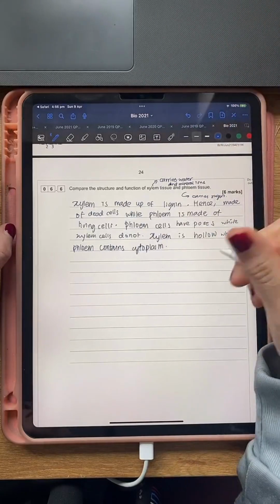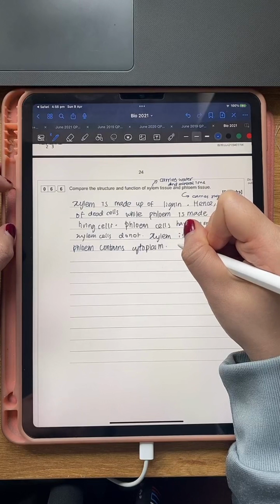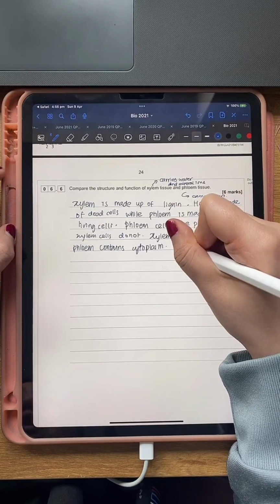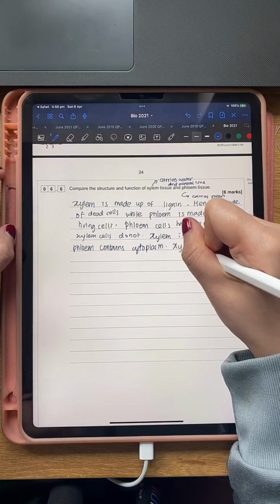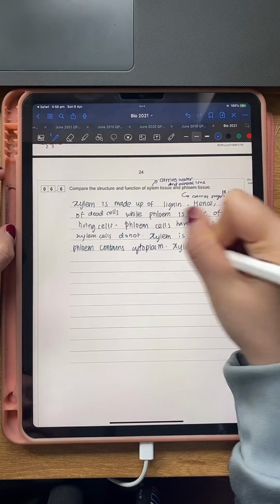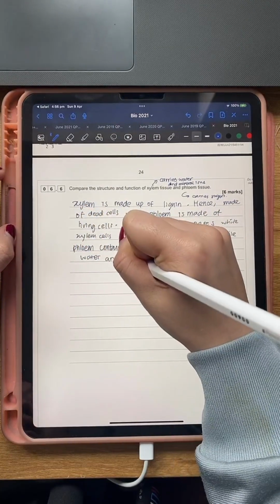So we have here xylem transports water and mineral ions, while phloem transports dissolved sugars.